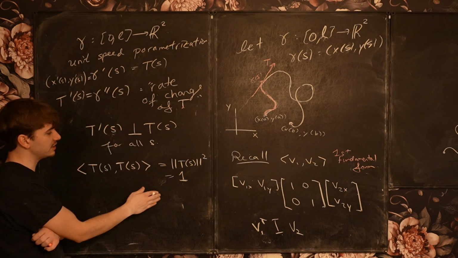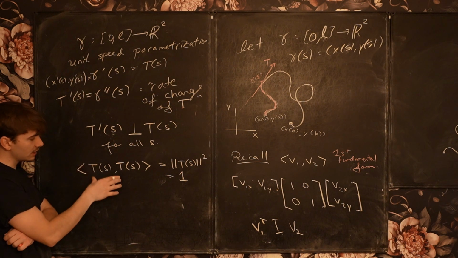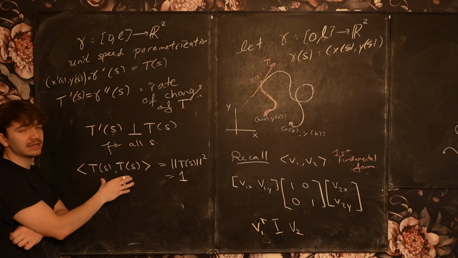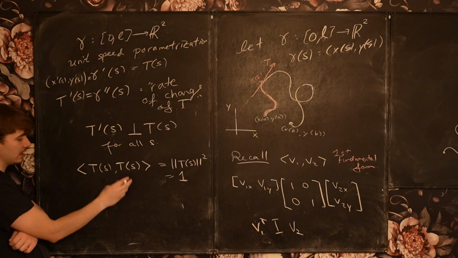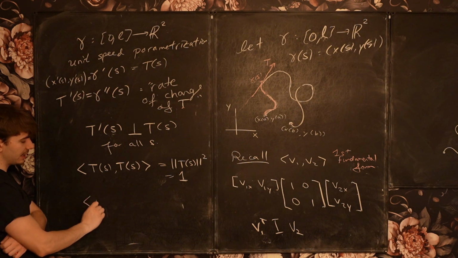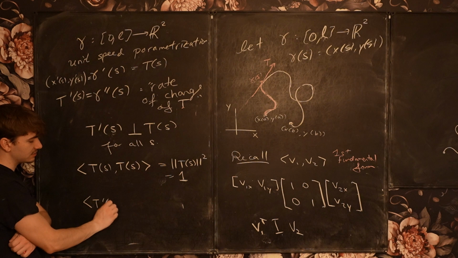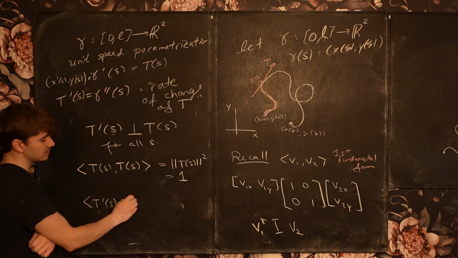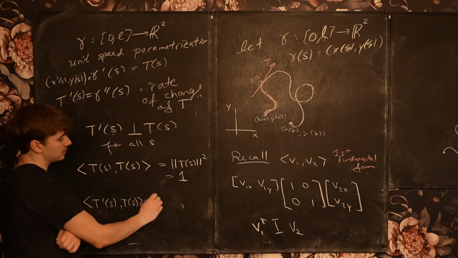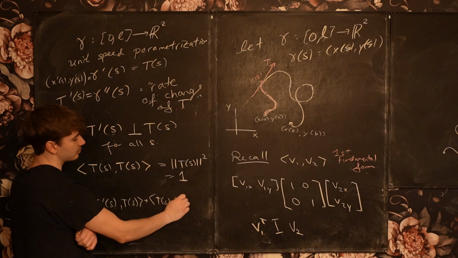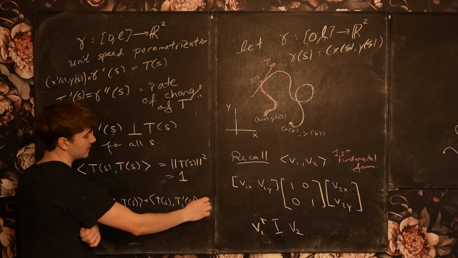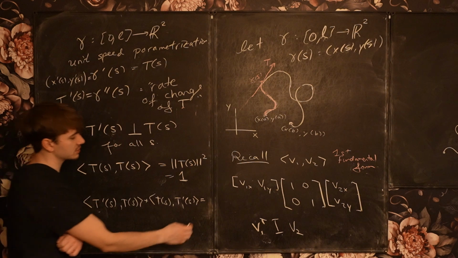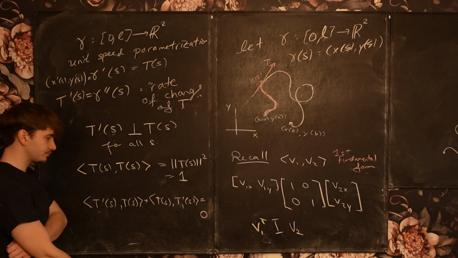This is the key: the length of the tangent vector is constant, equal to 1, because of our reparameterization. And so, if I now take the derivative of this identity with respect to s, then by the product rule I get t prime of s, t of s, plus t of s, t prime of s, is equal to the derivative of 1, which is a constant, so that's equal to 0.